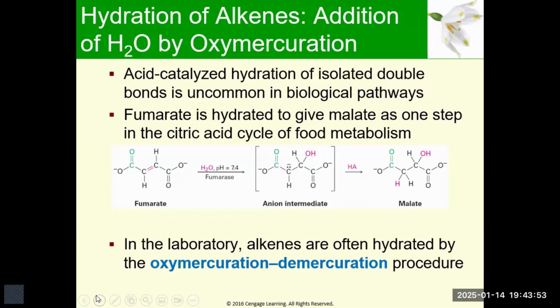All right. So fumarate in the presence of water, and you'll notice that the pH is actually very close to neutral.